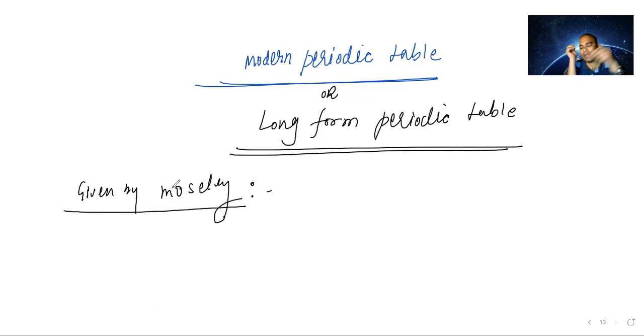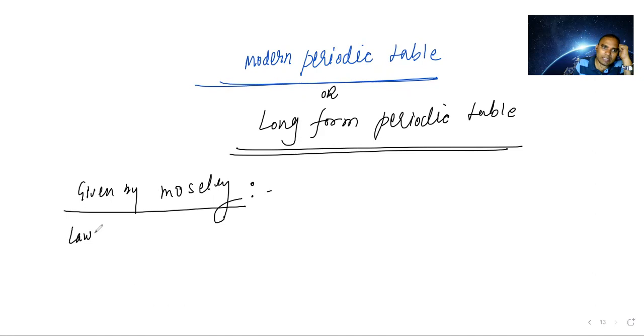Moseley failed the Mendeleev periodic table, because when he was discovering the characteristics of atom, he found that the main characteristic of atom is the atomic number, not the atomic mass. So Moseley failed the Mendeleev periodic table and gave the long form periodic table.